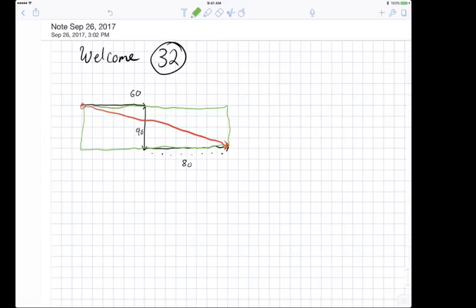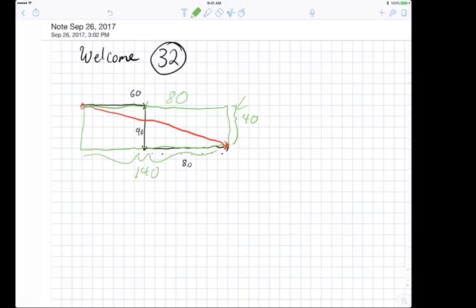So this is a rectangle, but there is a hypotenuse. The red line's the hypotenuse. That's what we're trying to find. And each of these sides, we can figure out their length. This is 40. So this side's 60 and this part's 80. So the total on this side is going to be 140.